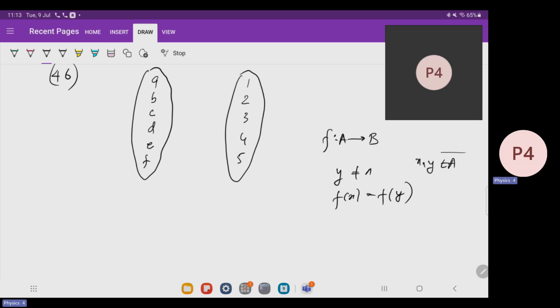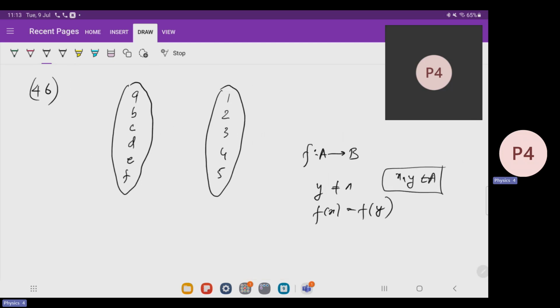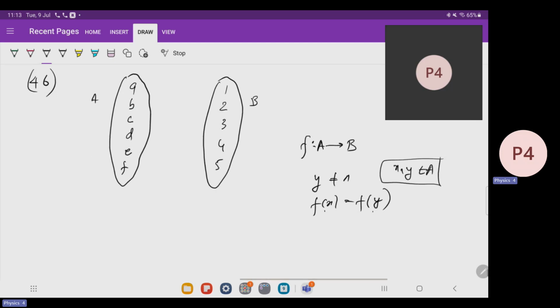So what does this condition mean? x and y should have the same output, and x and y are two elements from the set A. And there has to be only two of such. There cannot be another z, let us say. So this means that for every x, if a is mapped to 1, then one of the remaining 5, and only one of them, should be mapped to 1.